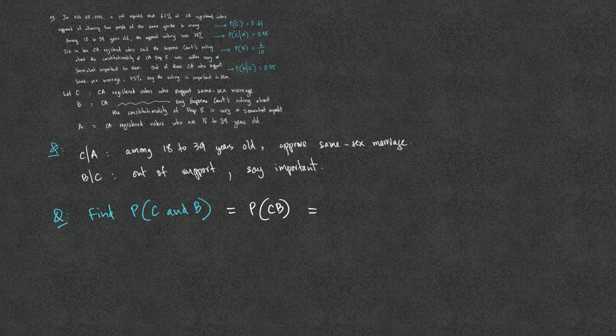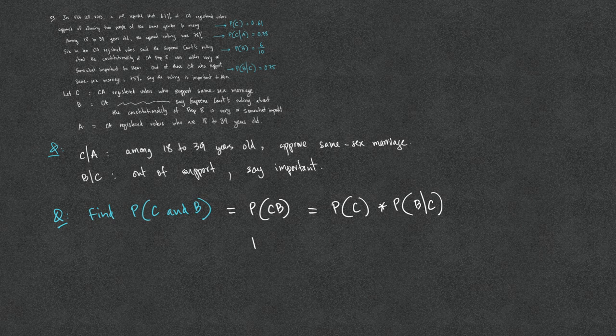We saw earlier that this is simply the product of the two events: the probability of C times the probability of B given C. We use the general multiplication rule because we don't know whether the two events are independent or not.